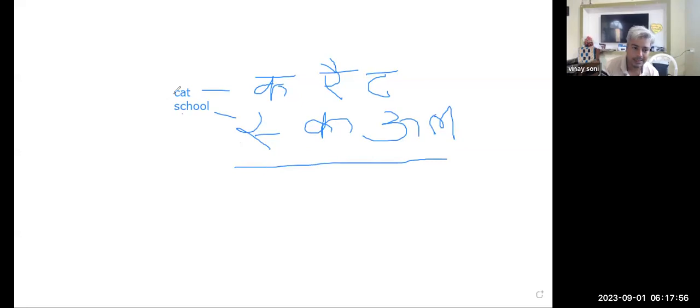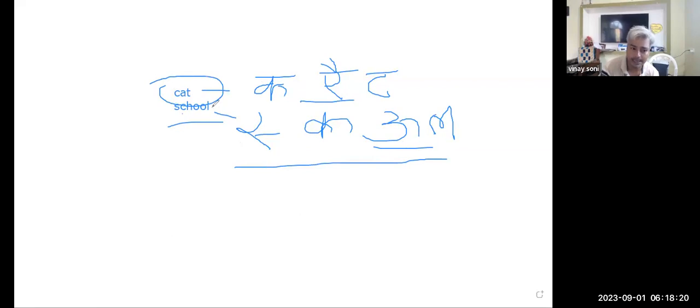So this word cat has one vowel sound. The word school also has one vowel sound. However, the way the spelling is written, they are very different. It is a 3-letter word.